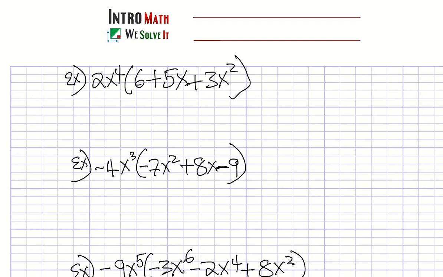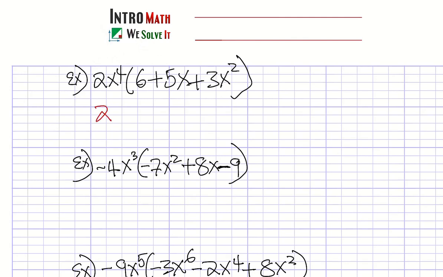Now what you do is you take the whole thing there. You multiply that, then you multiply that, then you multiply that. That's the plan, okay? So you multiply each thing inside the bracket, and you add them up.